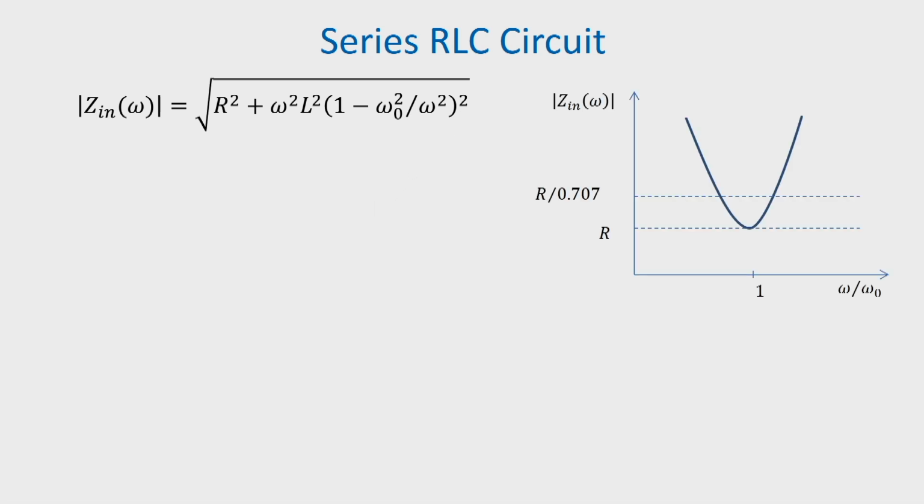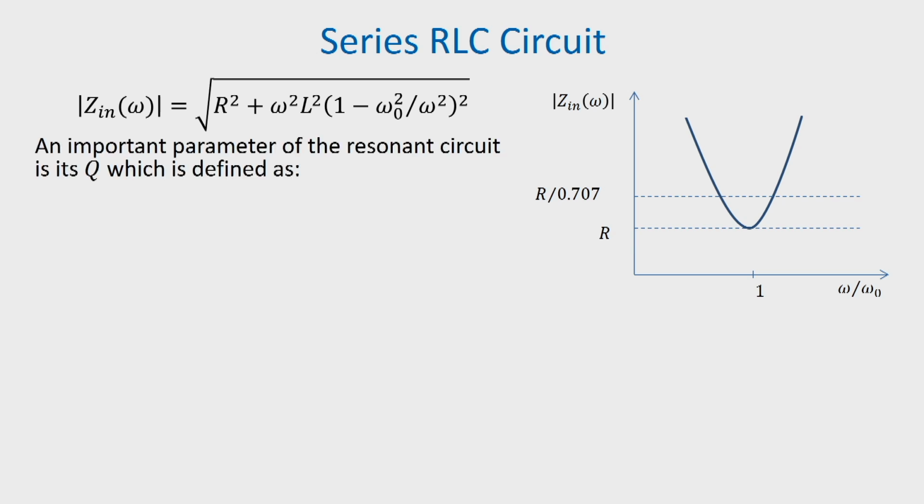And if we plot the magnitude of Zin versus omega, then we find from this expression that at omega equal to omega naught, the magnitude of Zin becomes minimum and equal to R. For other values of omega, the magnitude of Zin is greater than R. And we have marked this horizontal line where it becomes R by 0.707, that means root 2 R. These particular points, we will relate to the half power bandwidth of the resonator.